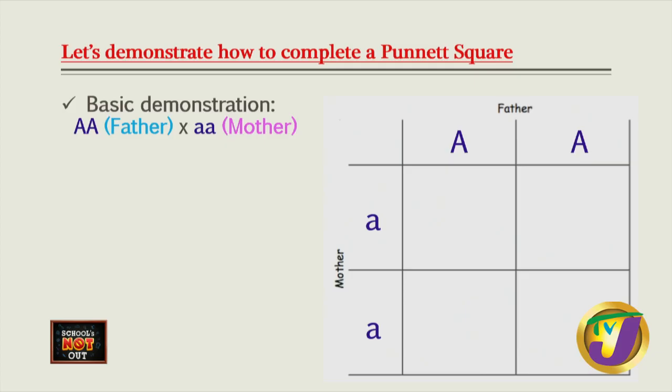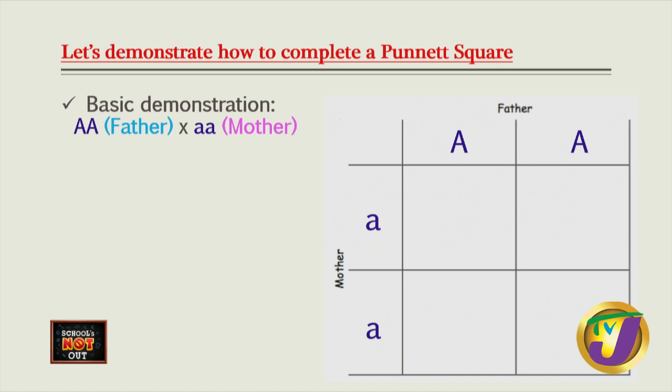We're demonstrating where a father has the gene AA. And the mother has the same gene, but of course, in her case, she has the homozygous recessive, so it is 2 lowercase letters. So we have split up our alleles. Let's do the possible combination for the father.